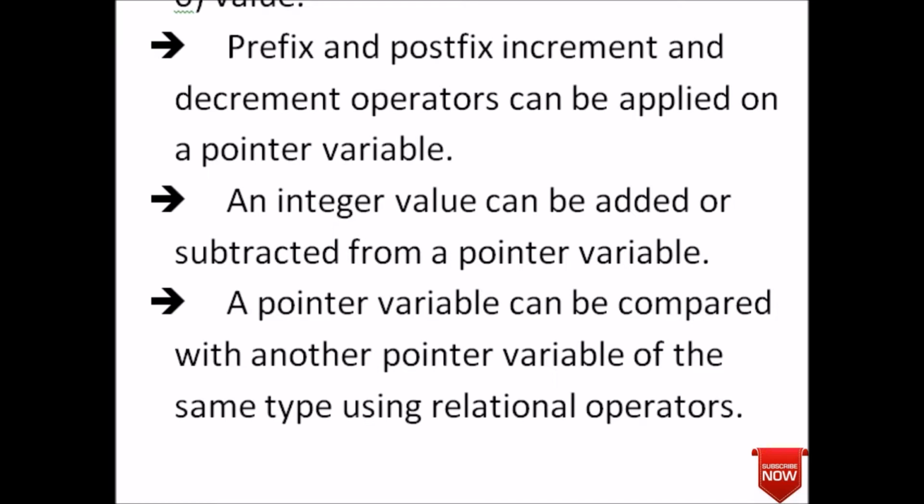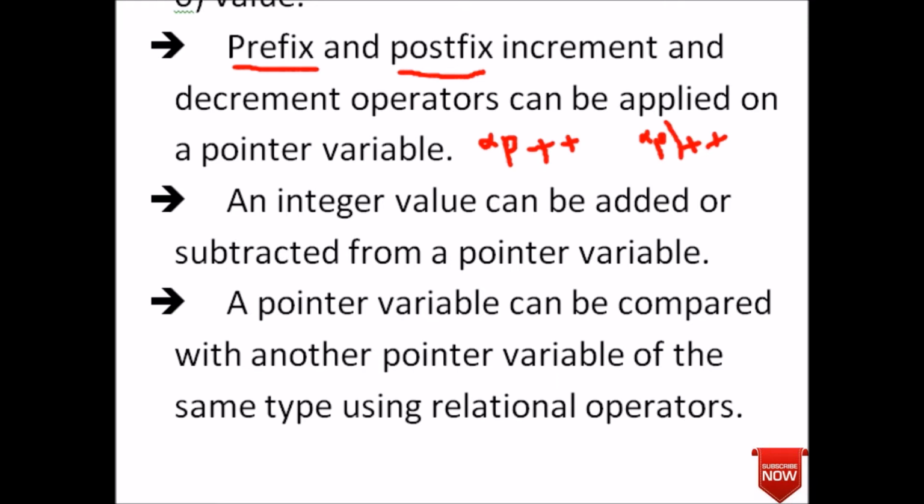and the next operation we can do on a pointer is prefix increment and prefix decrement, and postfix increment and postfix decrement. It means that suppose we have a pointer p, then we can increment this using the increment operator.